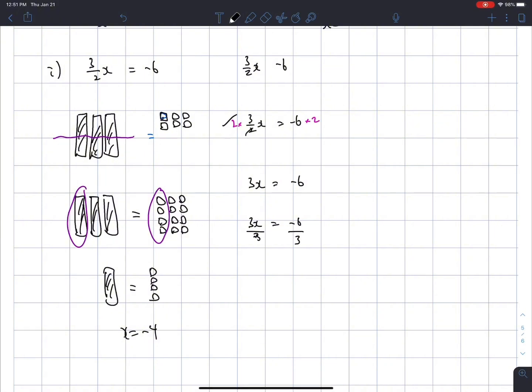Because 3x over 3 is just 1x. So I get 1x equals negative 4. I'm supposed to get the same answer with the algebra tiles and without algebra tiles.